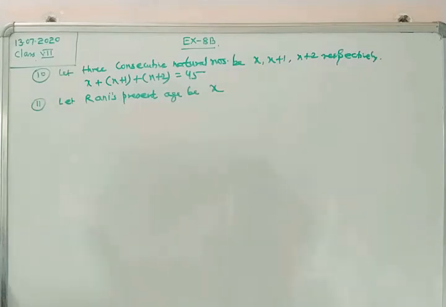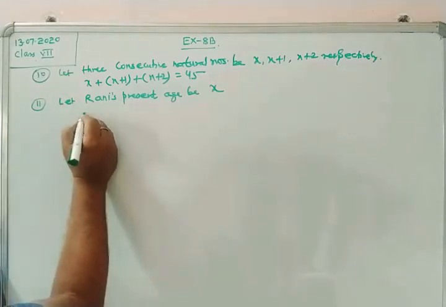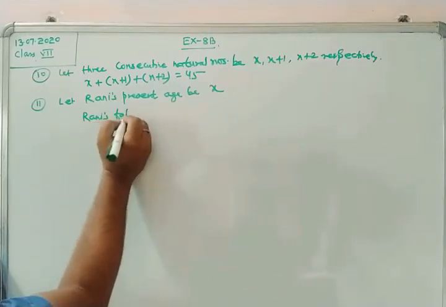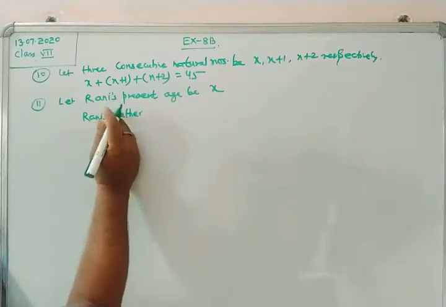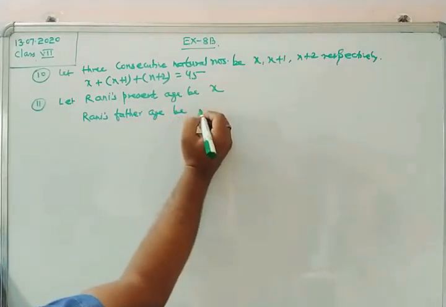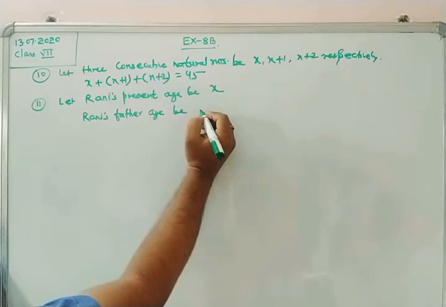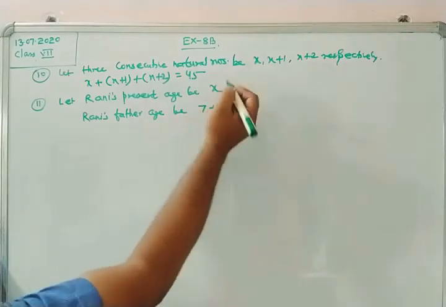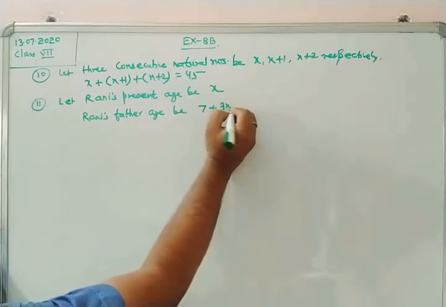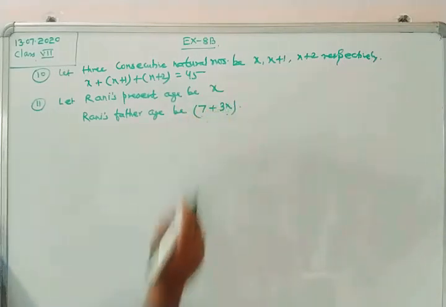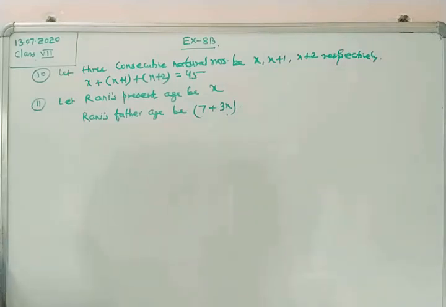Rani's father is 7 years more. Now Rani's father's age is what? Let father's age be 7 years more, so 7 adding plus 3 times the age of Rani, that means 3x. So this is the age of her father, 7 plus 3x.